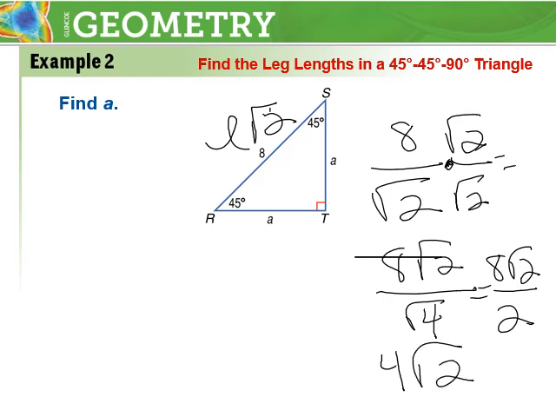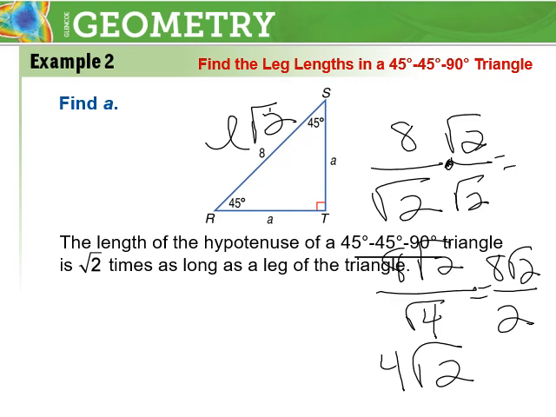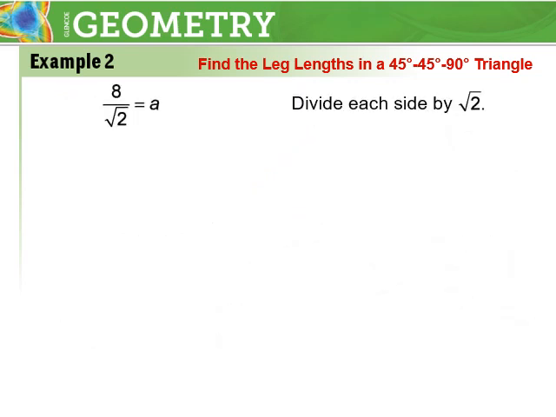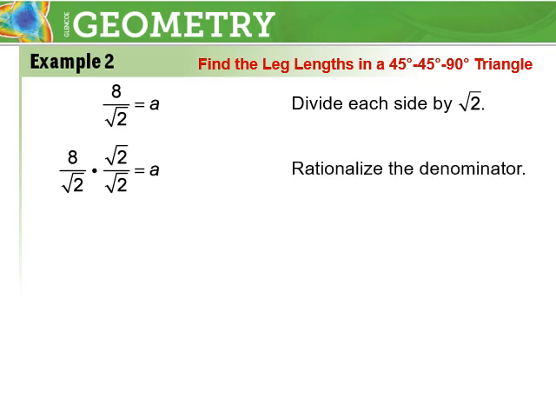So you just have to remember that instead of multiplying by the square root of 2 to get the hypotenuse, you divide by the square root of 2 when you have the hypotenuse. And they're going to go through the solution here a little bit. They're going to set 8 equal to, I guess they're going to call it A times the square root of 2, whatever variable you prefer. They're dividing, rationalizing, multiplying and simplifying.